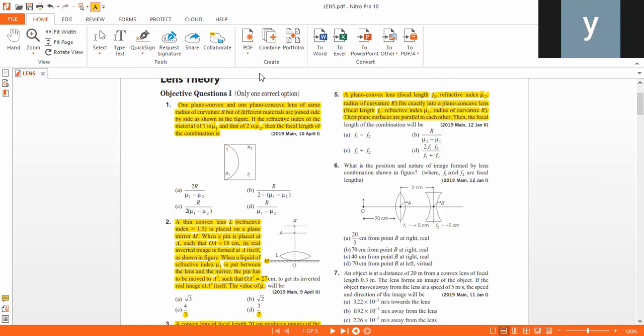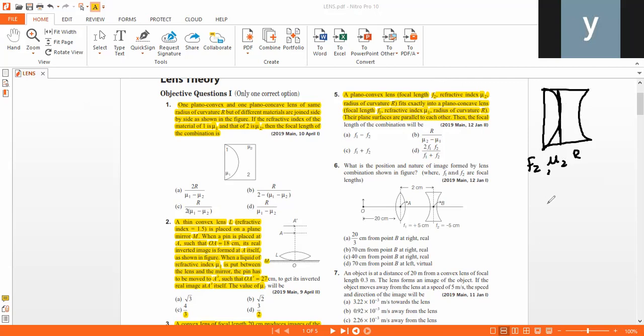Firstly we are having a plano convex lens, having focal length f2, refractive index mu2, radius of curvature r, which fits exactly into a plano concave lens. Like this, here it is plane.